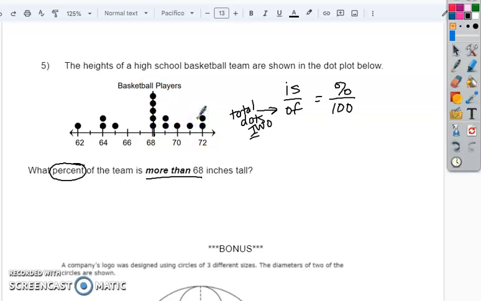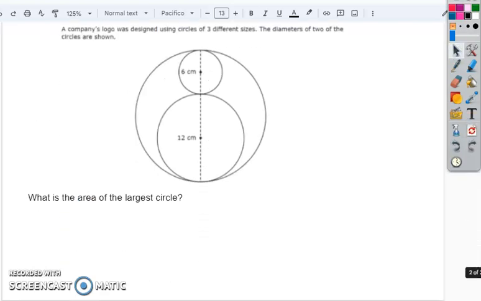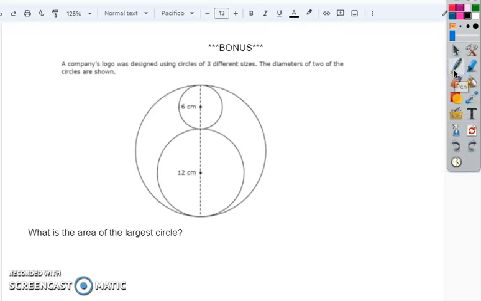However many dots that is, that goes on top. Then I put the X here and I cross multiply. We need to know how to cross multiply. Okay? That is a good problem. I like this problem. And the bonus, I am not going to help you with it. It is not difficult. Okay? Looks like it's difficult, but if you think it through, it won't be.